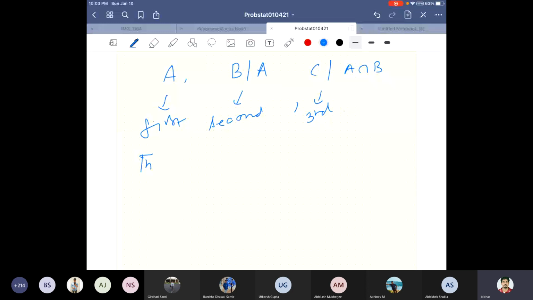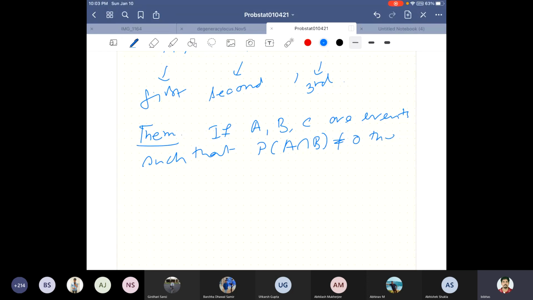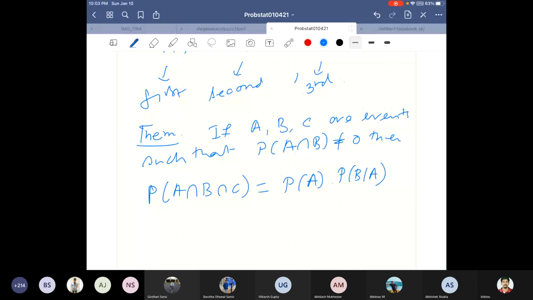Let us say that if A, B, C are events such that probability of A intersection B is not equal to 0, then probability of A intersection B intersection C is the probability of A times probability of B given A times probability of C given A intersection B. This is just by using simple algebra of sets; using a Venn diagram, you can also prove that this is the case.